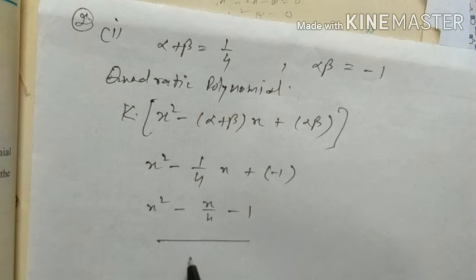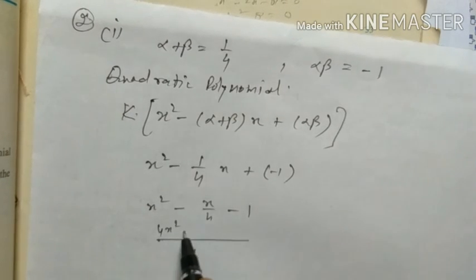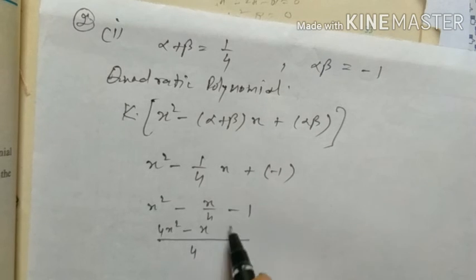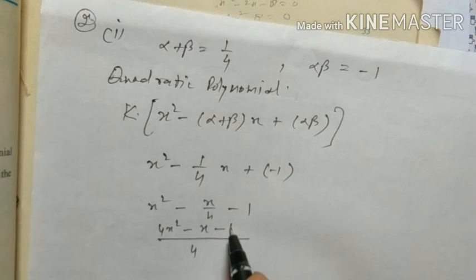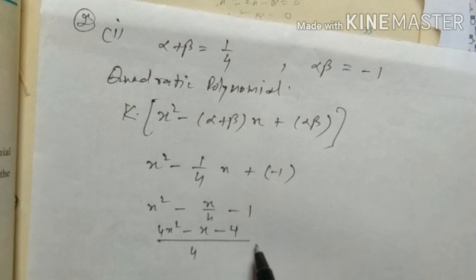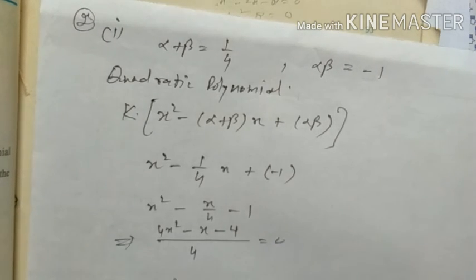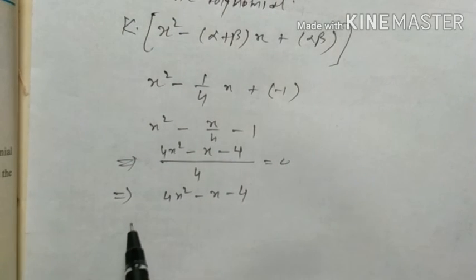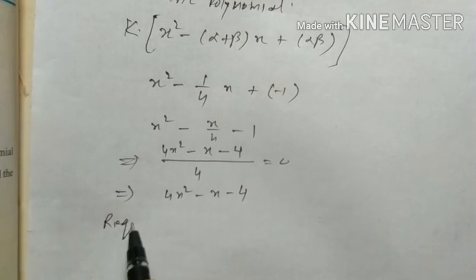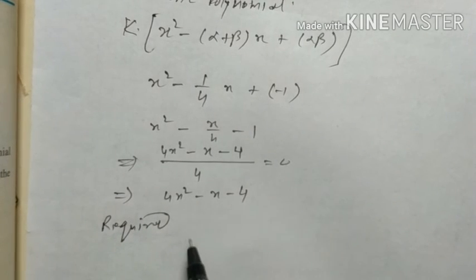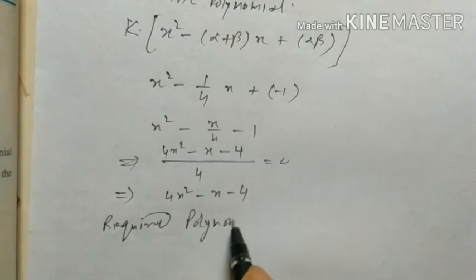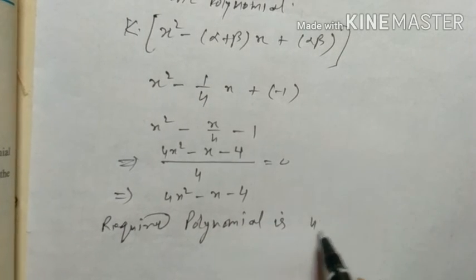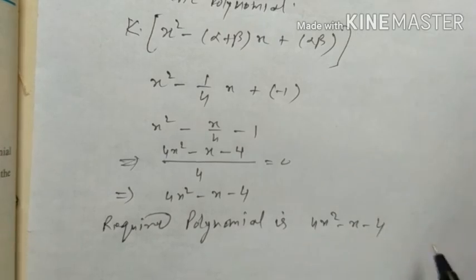Or after simplification you can write it this way. Take LCM as 4, this becomes 4x square minus x minus 4, so the required polynomial is 4x square minus x minus 4.